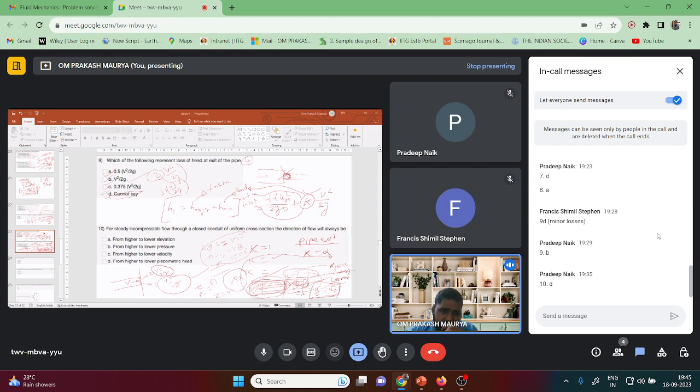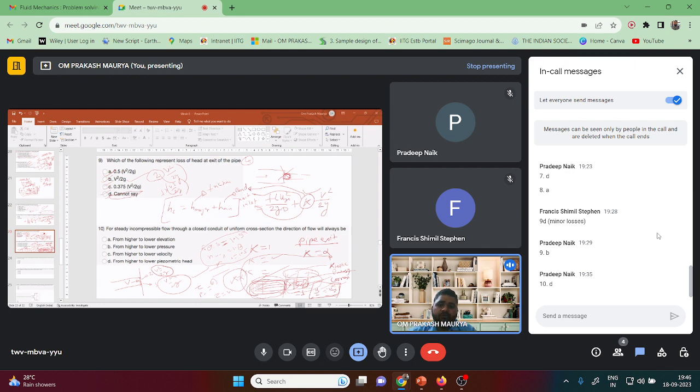Okay, for question number 10, Pradeep has already written. For a steady incompressible flow, you all know the density is not varying, in a closed conduit of uniform cross section, sometimes prismatic.